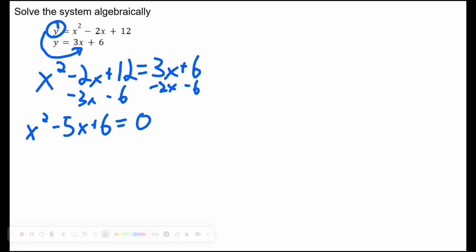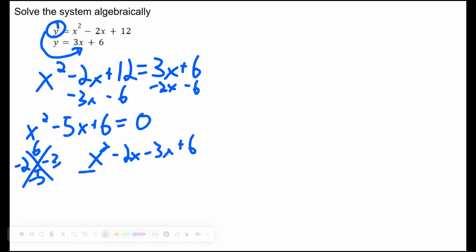I'm now in my standard form. I always want to see if I can factor it. We've got 6 on the top and negative 5 at the bottom. What two numbers add to negative 5 and multiply to 6? That's going to be negative 2, negative 3. And I can factor by grouping if I want to. x squared minus 2x minus 3x plus 6.